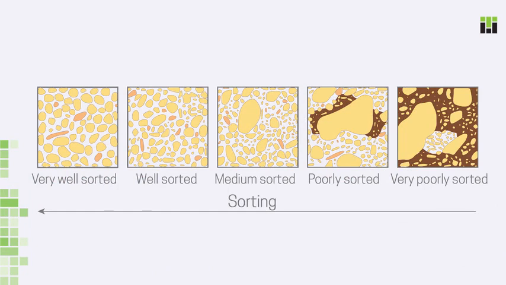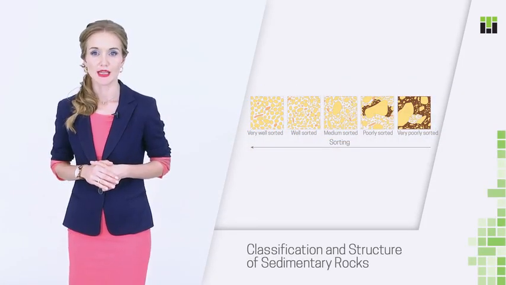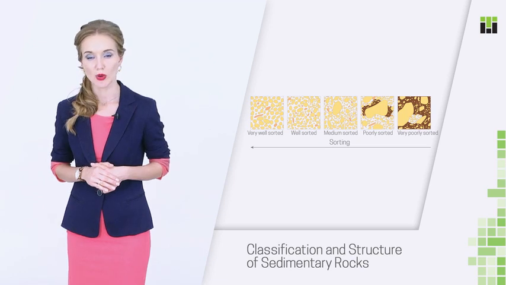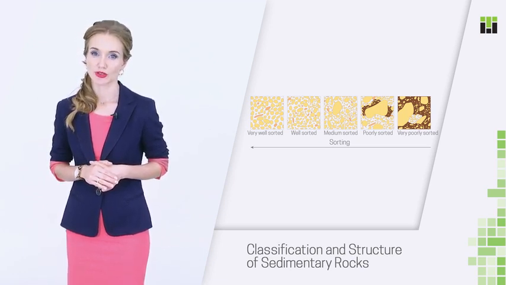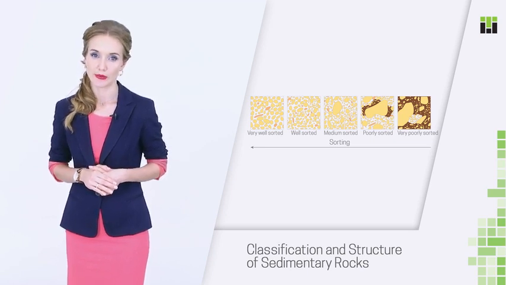Clastic rocks built of grains similar in size under certain conditions are called well sorted. Most clastic rocks are built of grains that vary in size, so depending on size variance, they are regarded as poorly sorted or very poorly sorted. Geologists can tell if the rock is well or poorly sorted by looking at it. We also need to mention that reservoir properties of rock depend on sorting.